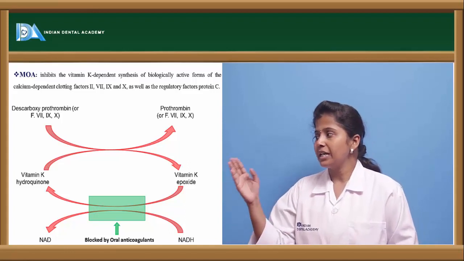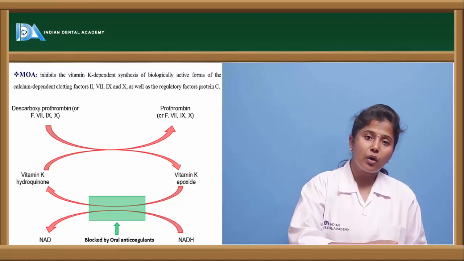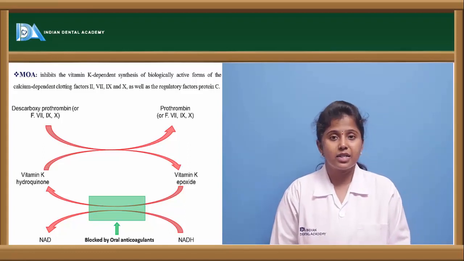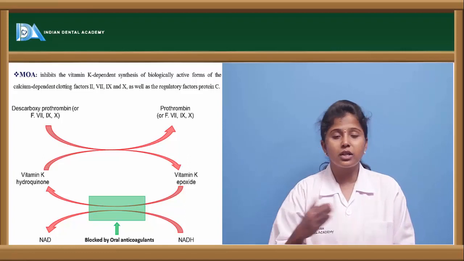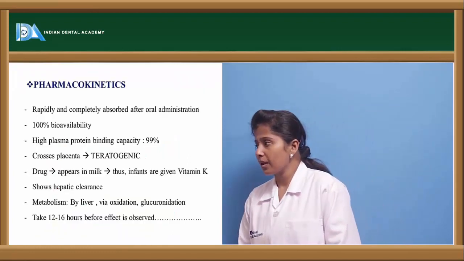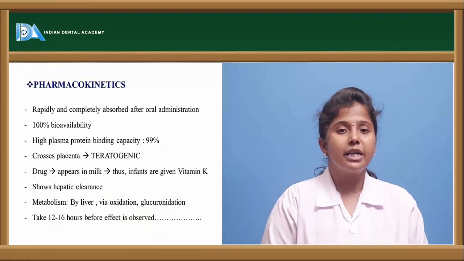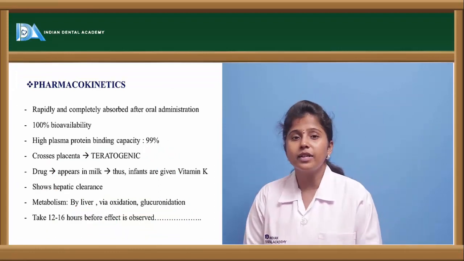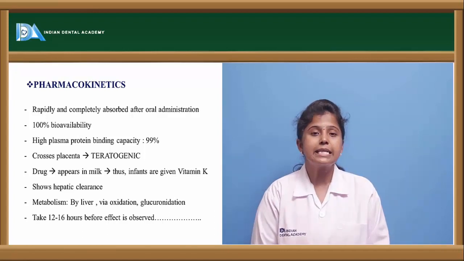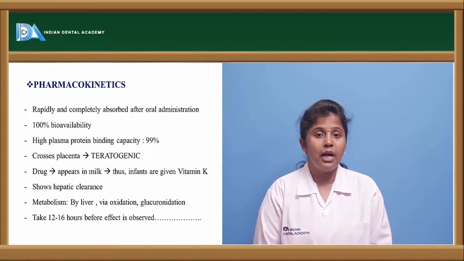Thereby it prevents the conversion of prothrombin to thrombin, and various clotting factors are inhibited. If prothrombin is not converted to thrombin, then the clot formation won't occur. If we see the pharmacokinetics of warfarin, if we give it through oral route, it is 100% bioavailable.